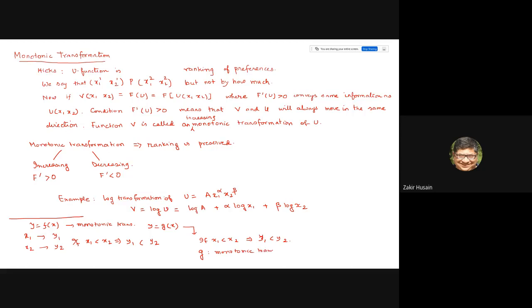Basically, under this function the values of y are increasing, but their ordering does not change. So the y value is increasing under g, but the ordering remains the same.